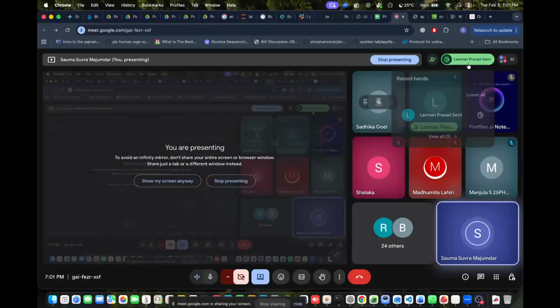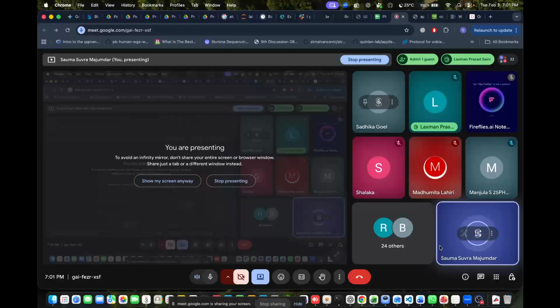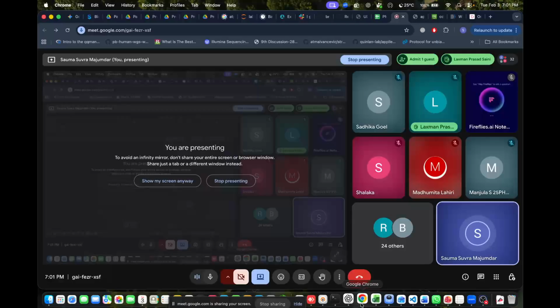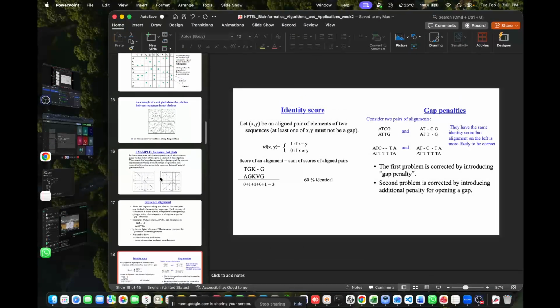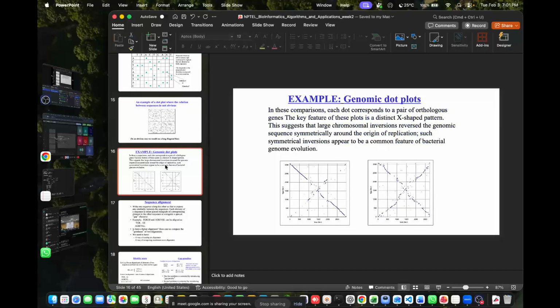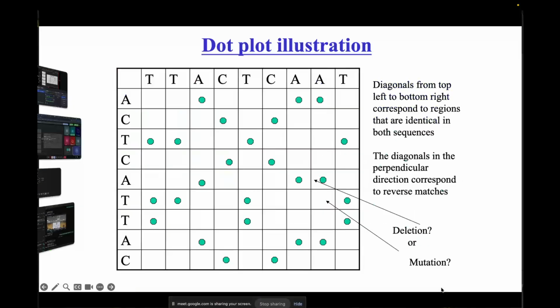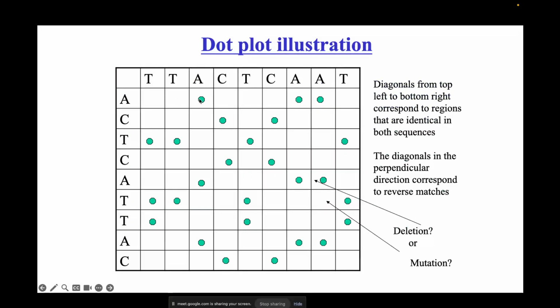No, it is not exactly either. So in dot plot, let me go back there. In dot plot, it's a very simple thing. If there is a match, we put a dot. So the idea is that there is no penalty, no alignment, nothing.